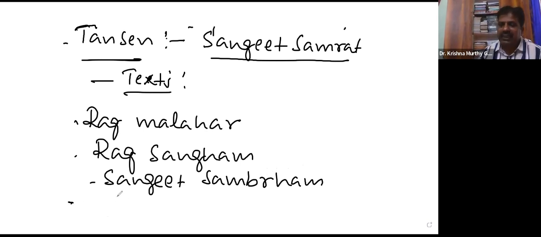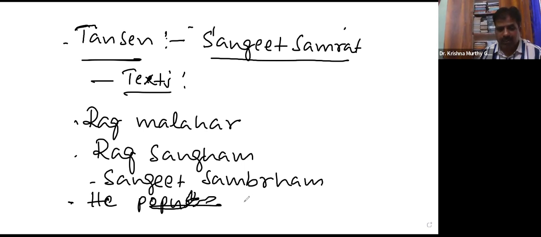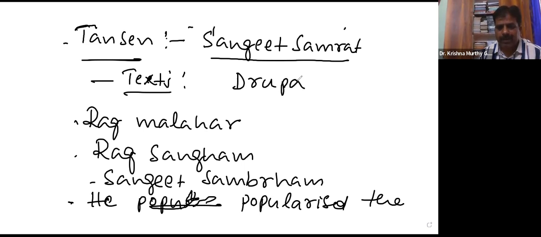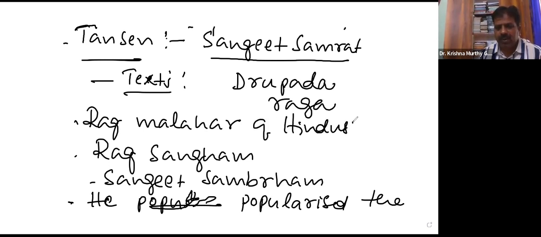And another important thing, he popularized the Drupata Raga of Hindustani music.